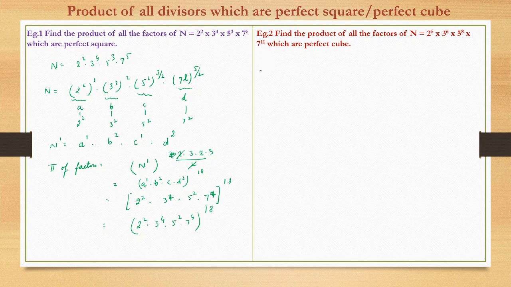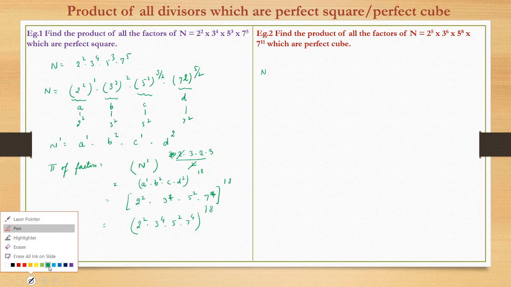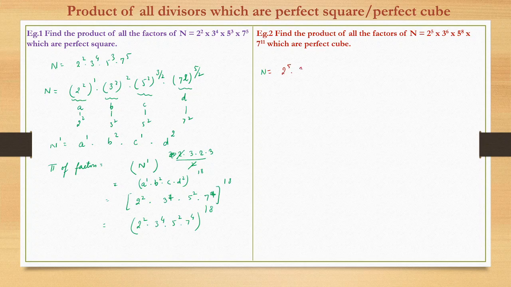This concept would be more clear if we see another example. Like if n is given as 2 raised to power 5 into 3 raised to power 6 into 5 raised to power 8 into 7 raised to power 11. We have to find the product of factors which are perfect cubes. So the approach would be something like this.